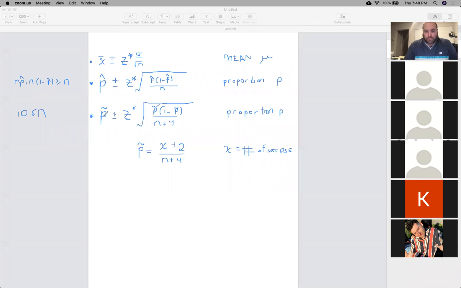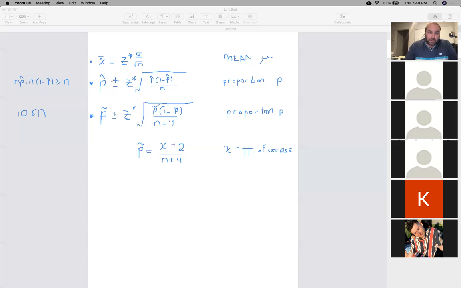So again, and we'll do examples of all of these, but what we have here is the following. We have 3 different formulas so far. The first formula is when we're drawing a confidence interval for the mean mu. In that case, it's the sample mean x bar plus or minus z star sigma over the square root of n. The next 2 are when we're looking for the proportion p.